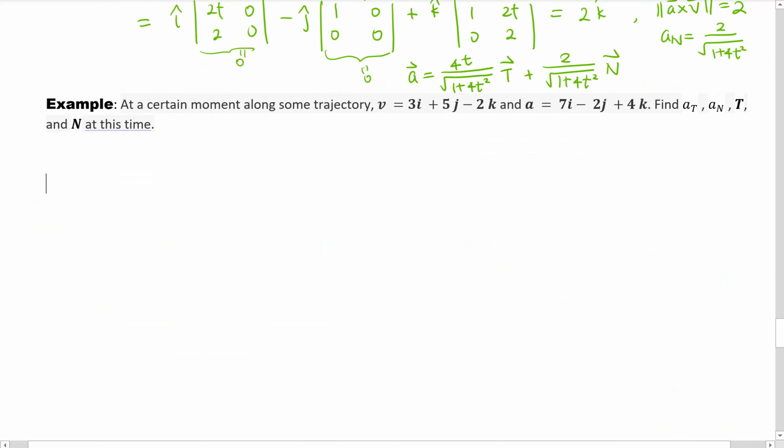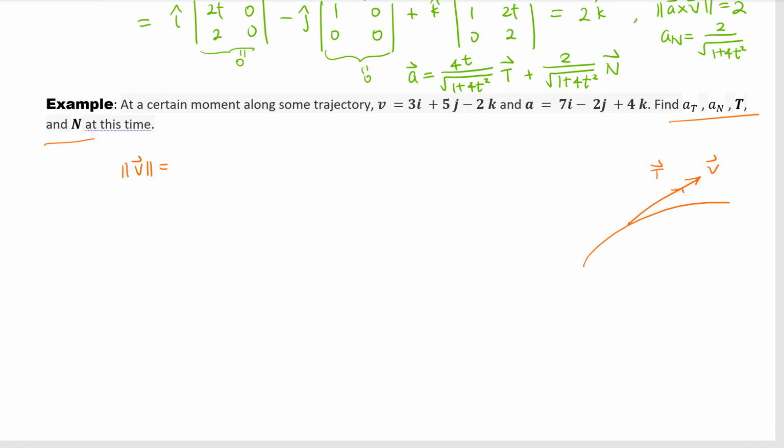If we're given v, what can we find from that information? We can find T. We have v, so we can measure the magnitude of v. That is 3 squared plus 5 squared plus negative 2 squared, so 9, 25, and 4, which gives us 38.